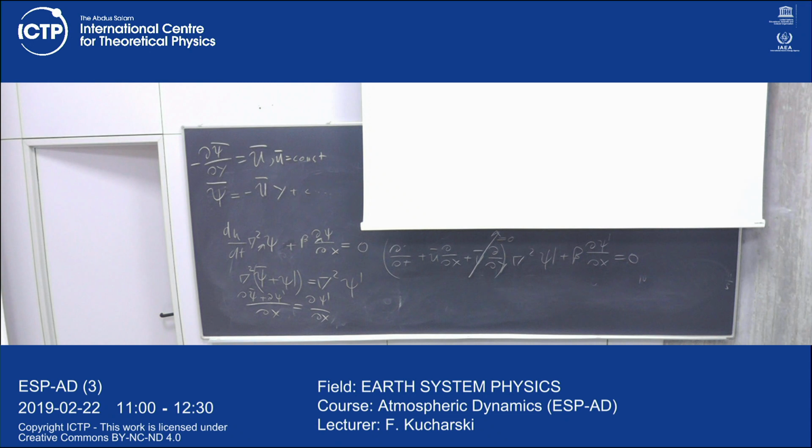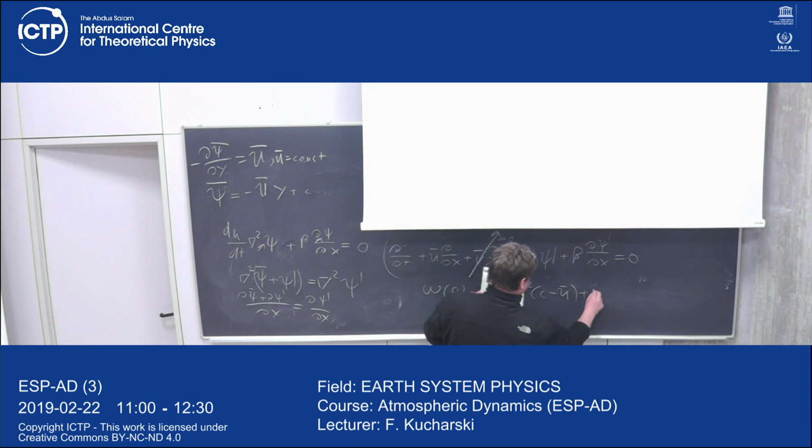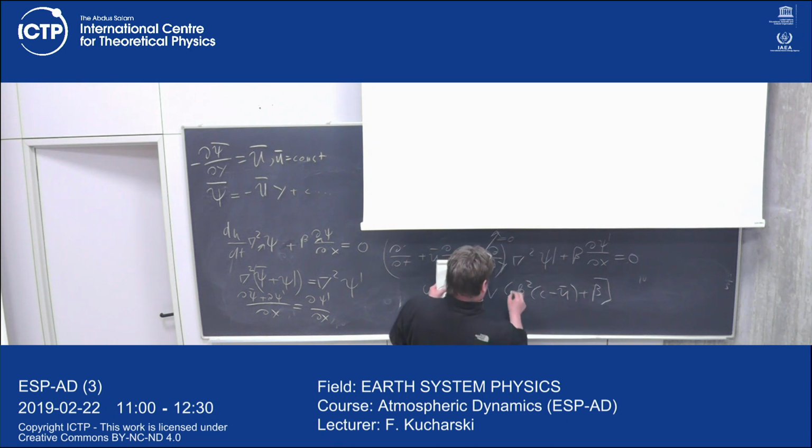The solution was omega from P is equal to V k square (C minus U bar) plus beta divided over f naught.